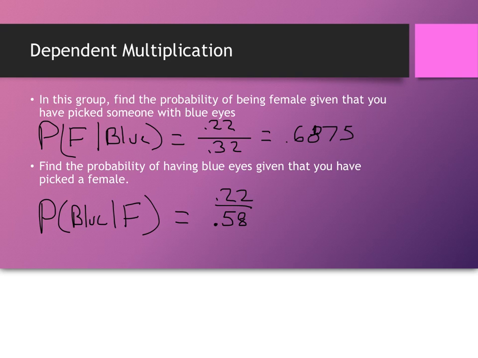And again, I'm comfortable with you leaving the fractions as they are, but if you want to say that that's about 0.379, that's supposed to be a tilde above the equal sign, then that's fine too. Okay, I'm not too concerned.